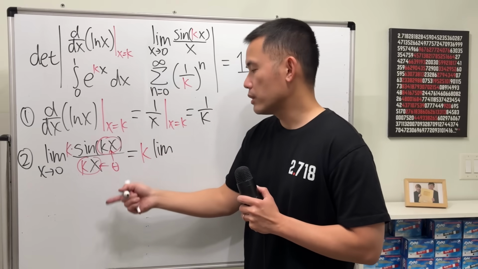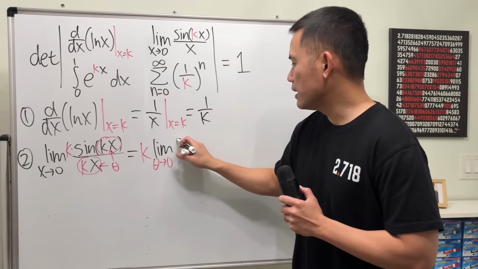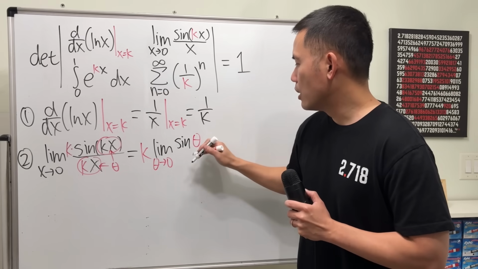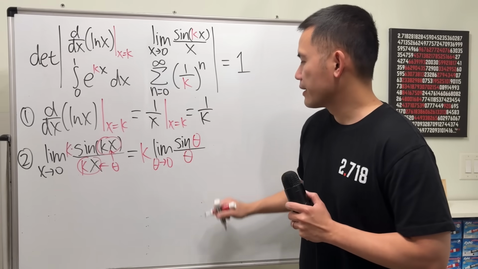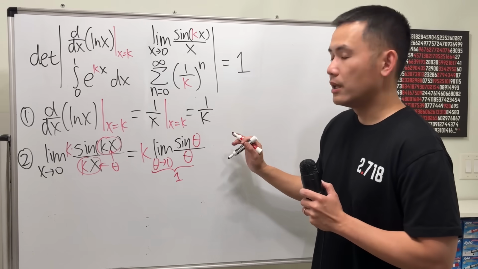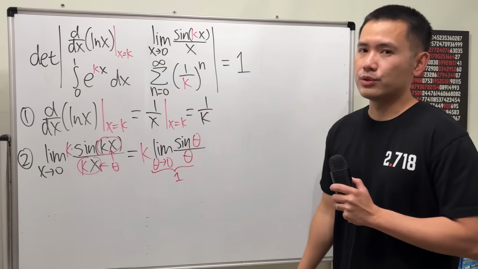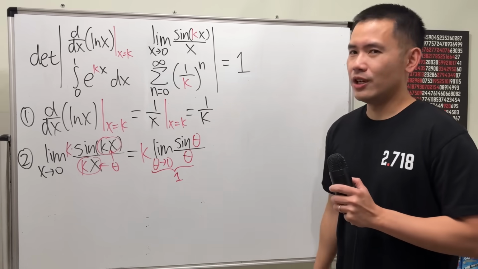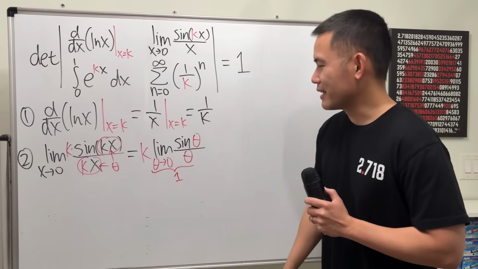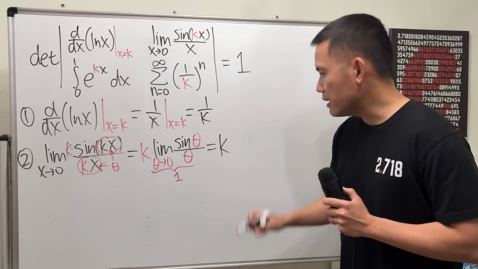X approaching 0 tells us that theta will be approaching 0 as well, and we are looking at sine theta over theta. And this right here is just equal to 1. It's a famous result. So just quoting the result is much better than using L'Hopital's rule. And there's also a geometric proof for it, but we can talk about it later. Anyways, just k times 1, so the answer for that is just k.